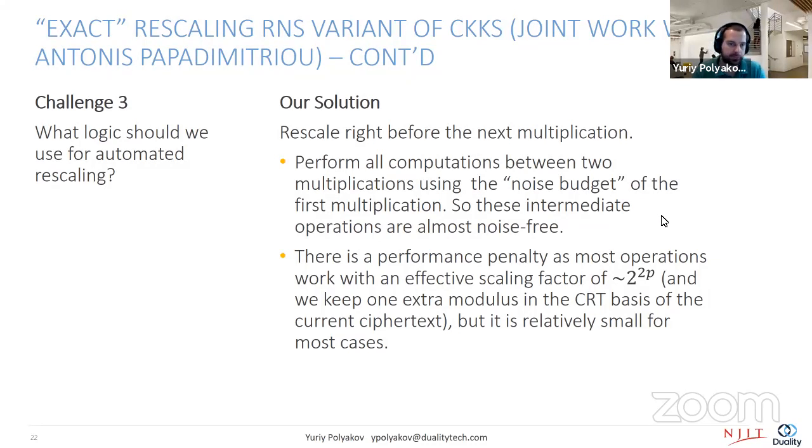There is a minor cost in performance for this, because effectively we're not going to rescale immediately, but we're going to keep one more prime, which typically gets dropped as part of rescaling, until the very end, until we need the next multiplication. But to be honest, that cost is not very significant, especially when we work with a large number of primes.